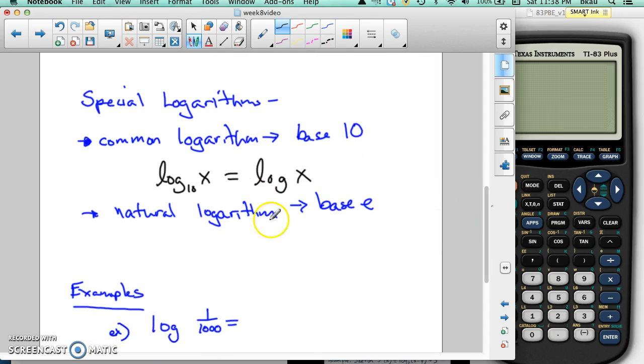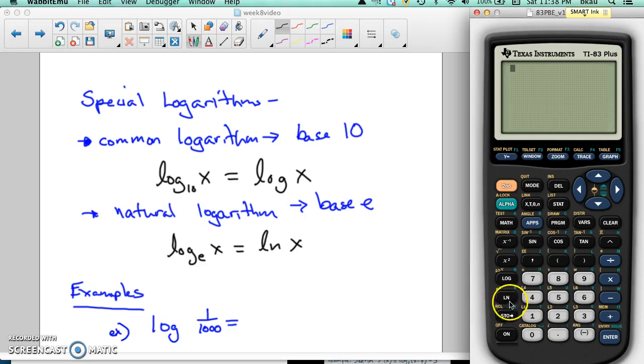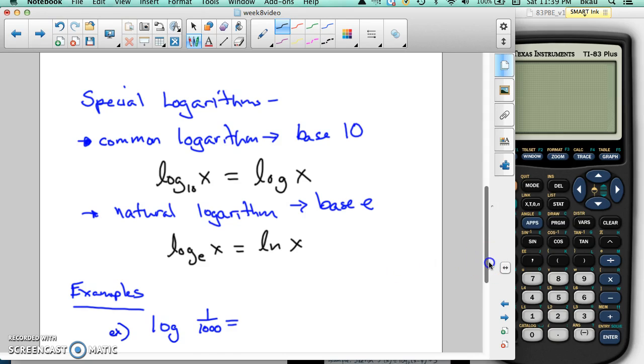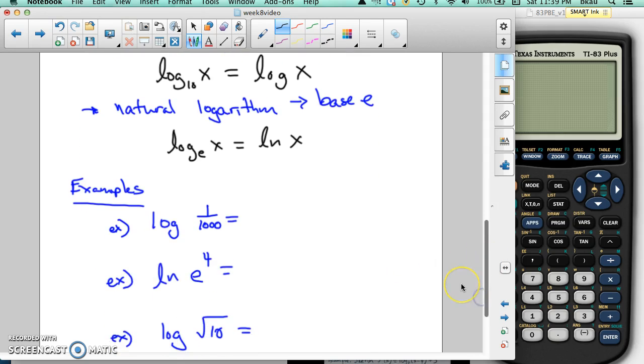The other one is used in exponential growth, and it uses a base e, which is about 2.718. If you see log base e of x, that's the same as ln on your calculator. LN is right here, and log base 10 is right there. Those are the two special logarithms that we can evaluate directly on the calculator.